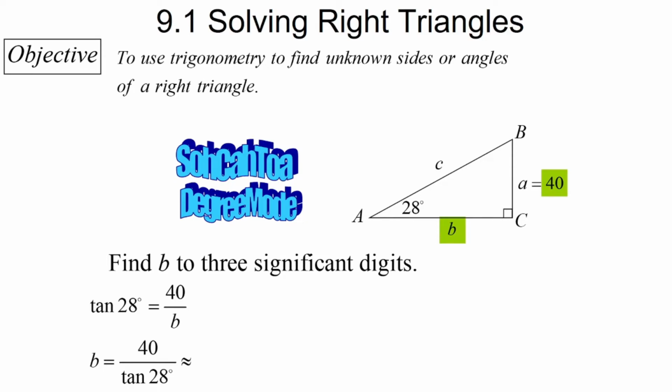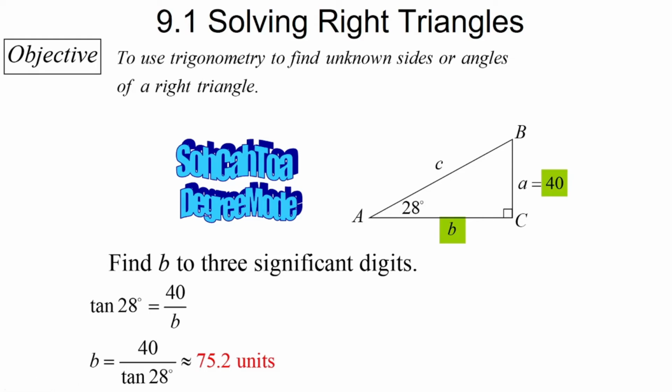Okay, now what are you getting? All right, I am getting 75.2. By the way, that's not 75.2 degrees because that is a distance. So that's 75.2 units, and that's the 3 sig digs right there, 75.2. So that's it, right triangle trigonometry.